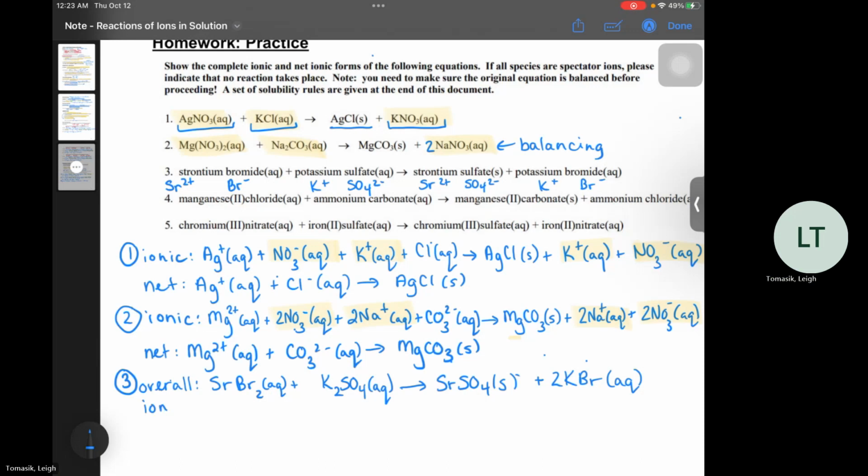Ionic. Okay, everything that is aqueous becomes an ion.